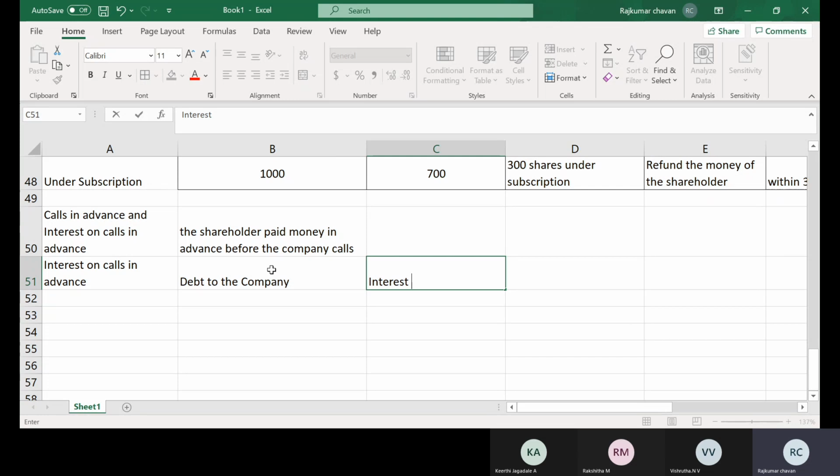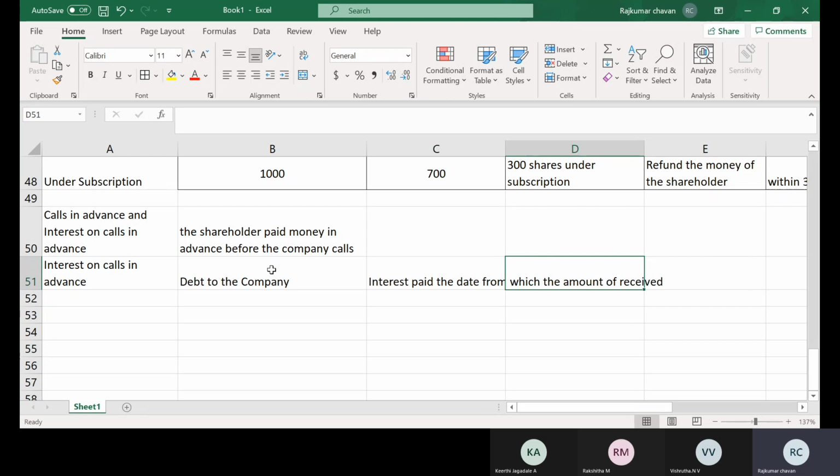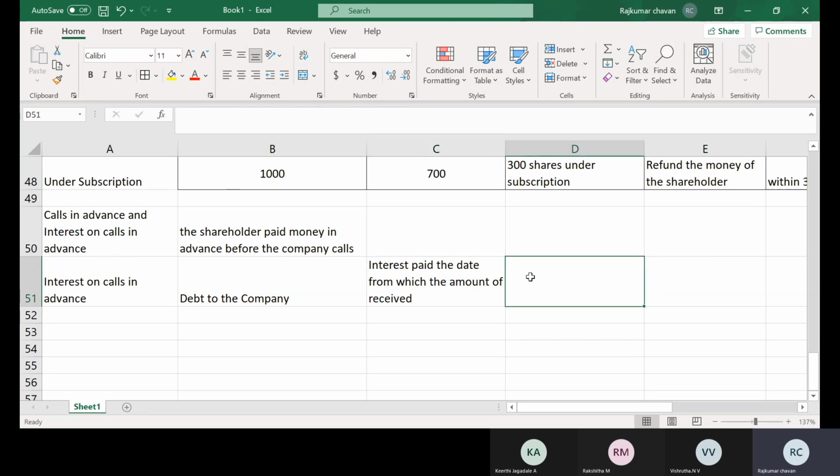Interest is paid from the day the amount is received till the next call, because they have to go step by step.